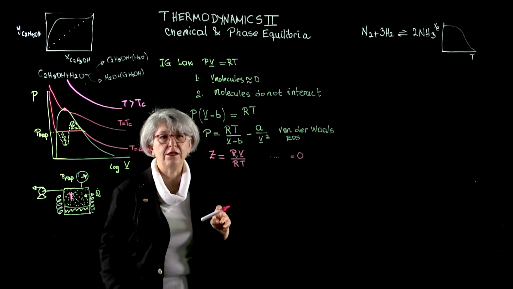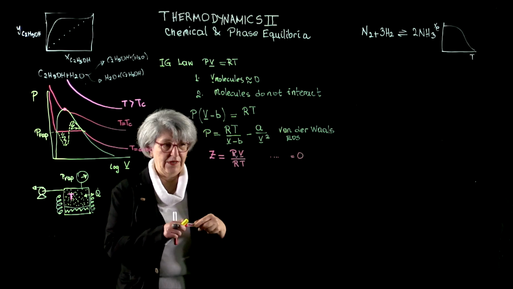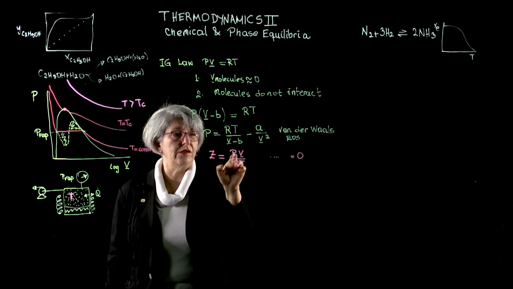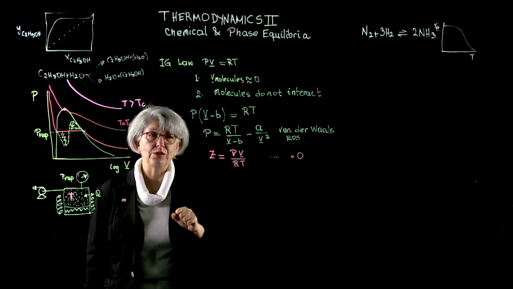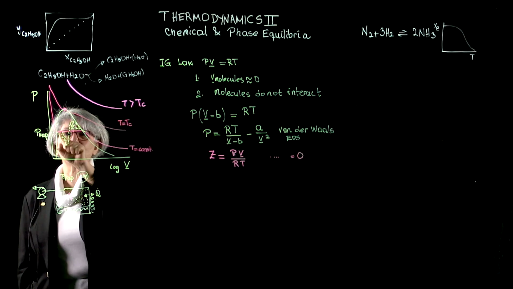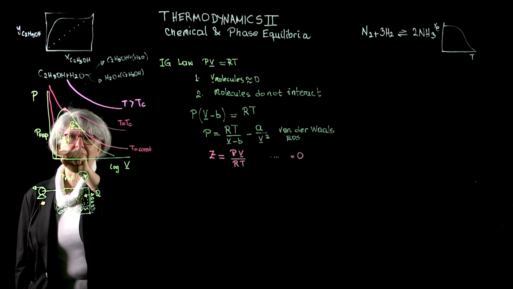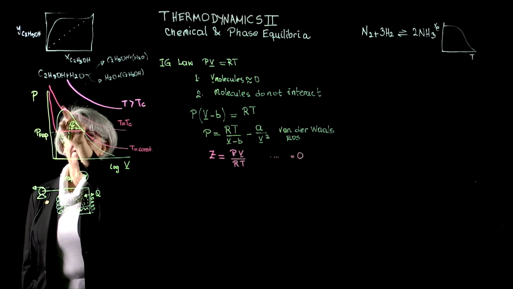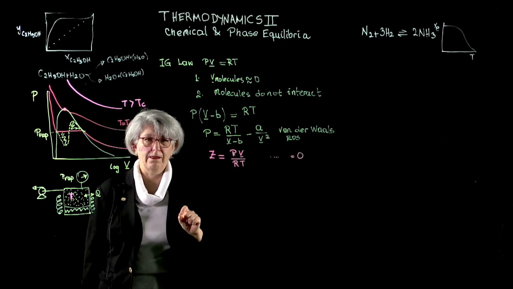It is going to be equal to 0. There we have our cubic equation. And from the roots of that cubic equation, we can now start constructing our liquid vapor envelope curve.